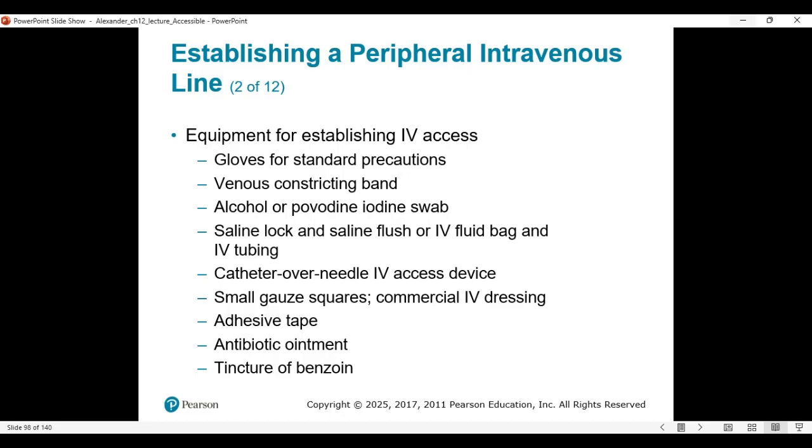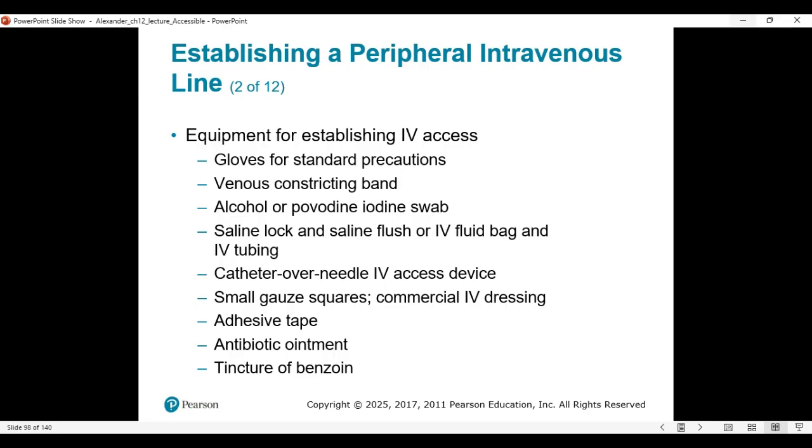Equipment for establishing an IV: you're going to need gloves for standard precautions. You're going to need a venous constricting band or the tourniquet. Now, don't confuse this with a tourniquet for bleeding control. This is just a rubber band.